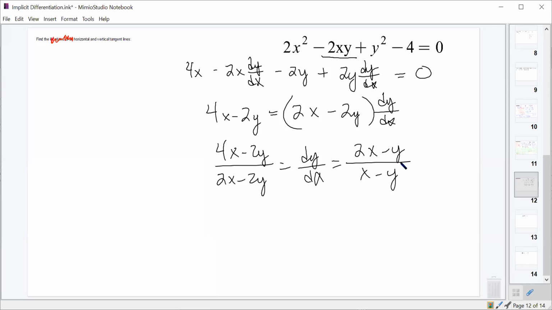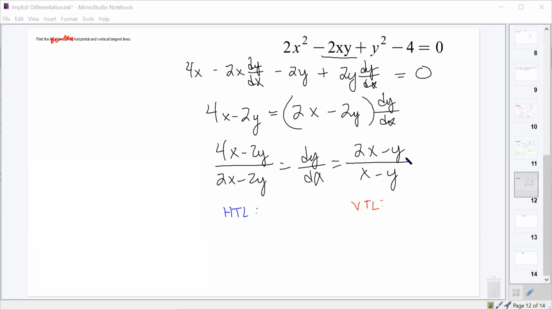All right. So now comes the extremely important part of this. How do I deal with figuring out when the numerator is 0 and the denominator is 0, because this one's different than what we had before. When will I have horizontal tangent lines?